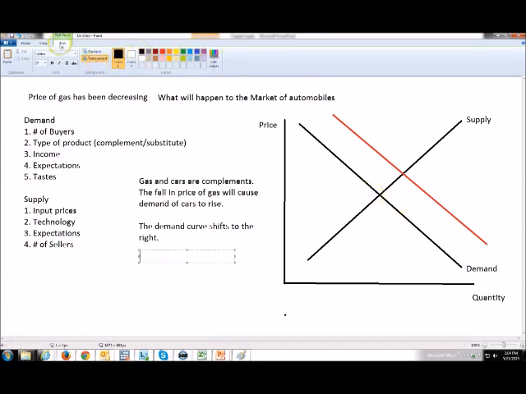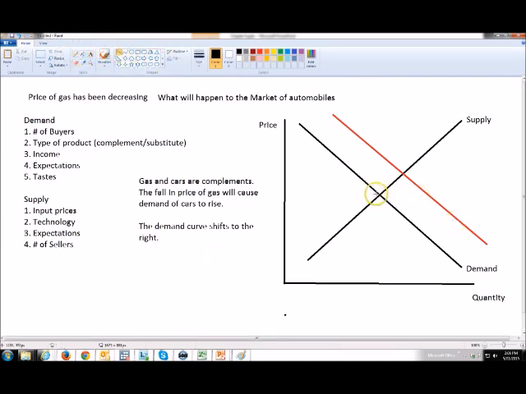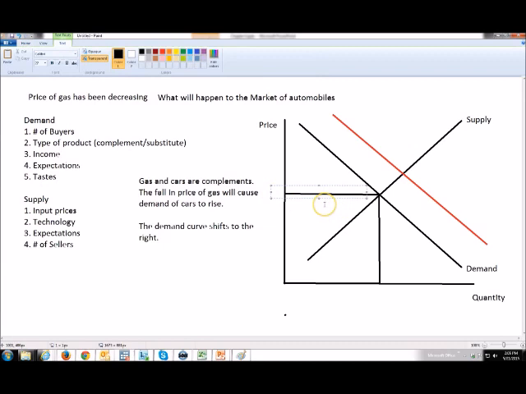The old price was, let's say this, and the old quantity is this, okay? So let's label them P0 and Q0.